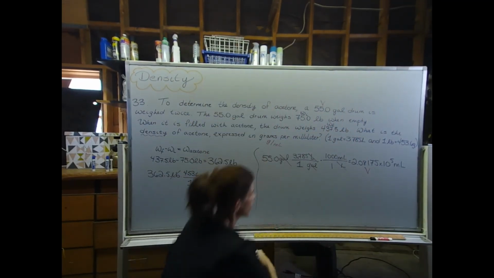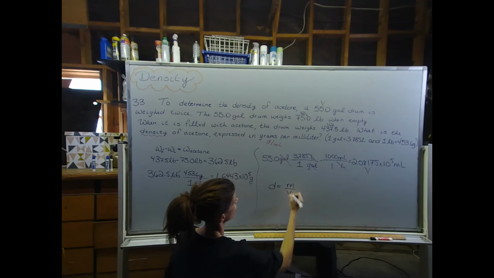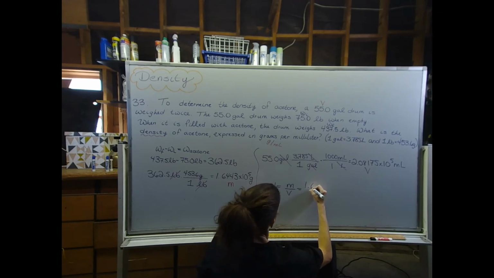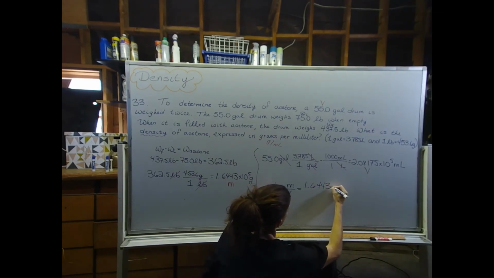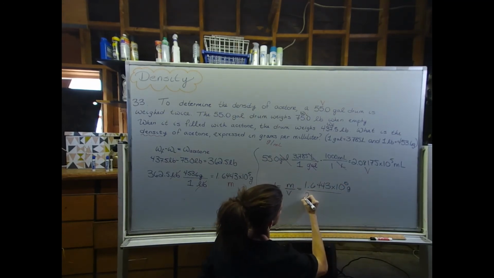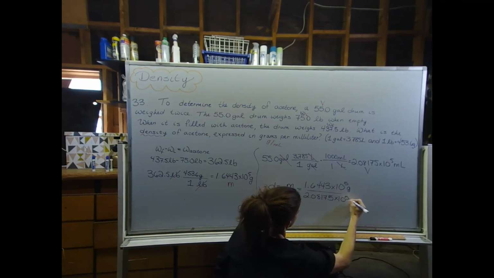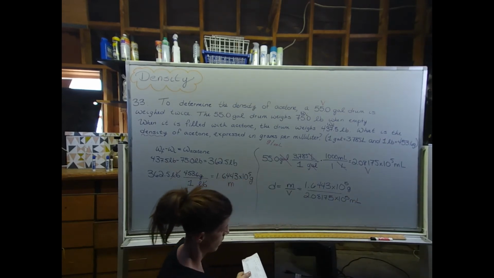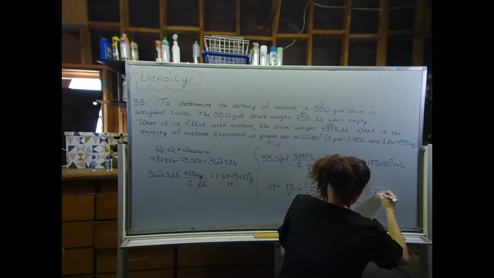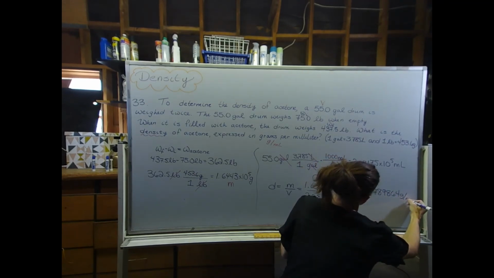Now I'm ready. So now I have the correct units. I'll do mass over volume. So I'll take our mass right here, the 1.6443 times 10 to the 5th grams, and I'm going to divide by 2.08175 times 10 to the 5th milliliters. And when I did that, I got 0.789864 grams per milliliter.